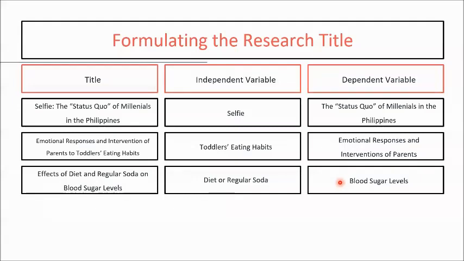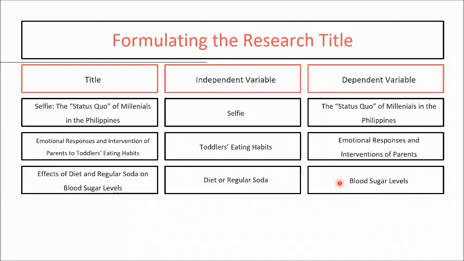Meaning, yung sugar level ng isang tao daw is depende sa amount ng sugar. Okay? Saan? Sa soda. Syempre, pag ang ininom mo is diet soda, low blood sugar levels. Pag ang ininom mo naman is regular soda or soft drinks, syempre yung sugar level mo is tataas.